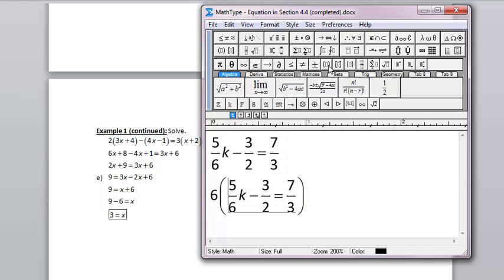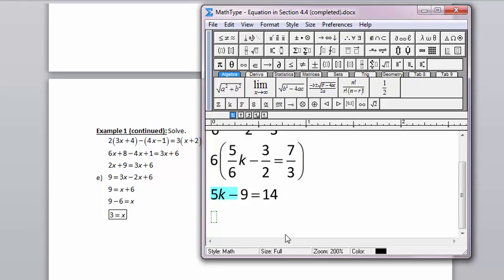When I do 6 times 5/6, the 6's divide out, and I'm left with 5k minus, when we do 6 times 3/2, 2 goes into 6 3 times, so I'm left with 3 times 3 is 9, equals 6 times 7/3, 3 goes into 6 twice, so I'm left with 2 times 7 is 14. By multiplying by the common denominator, I'm able to rewrite this equation as an equivalent equation with no fractions.